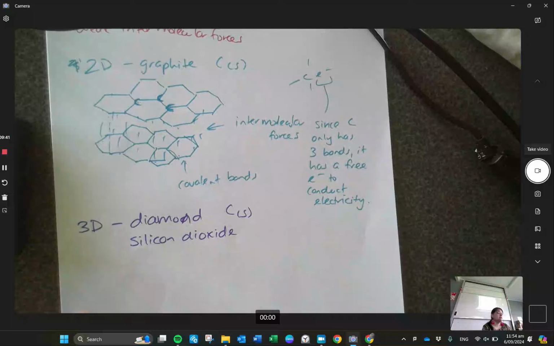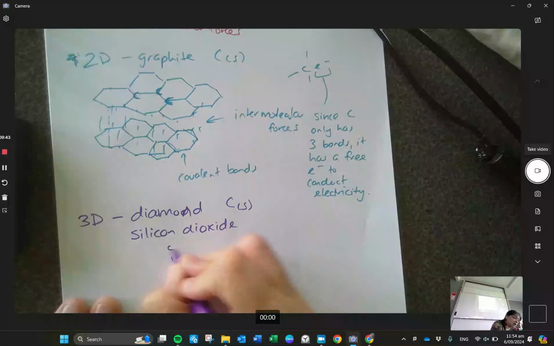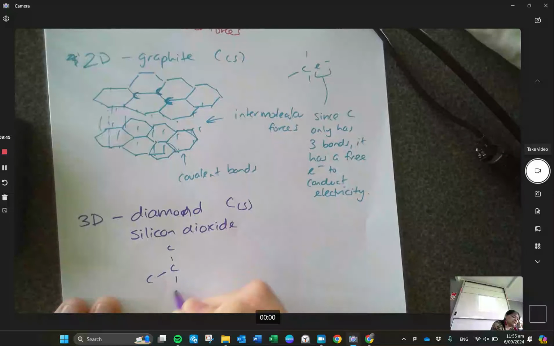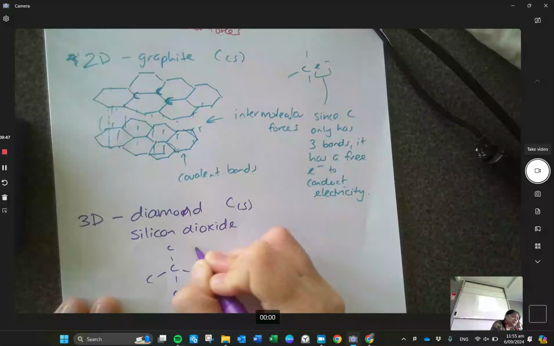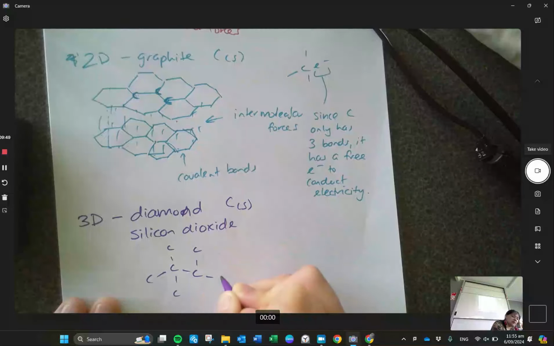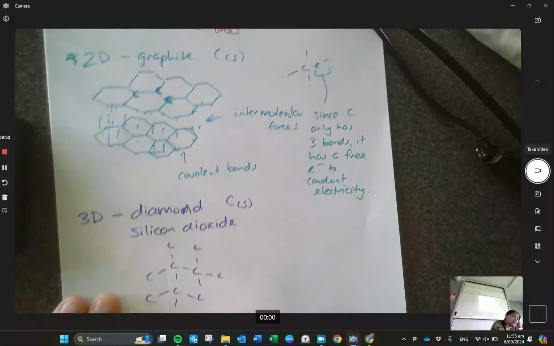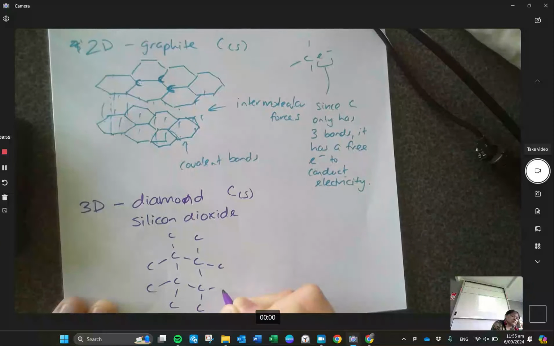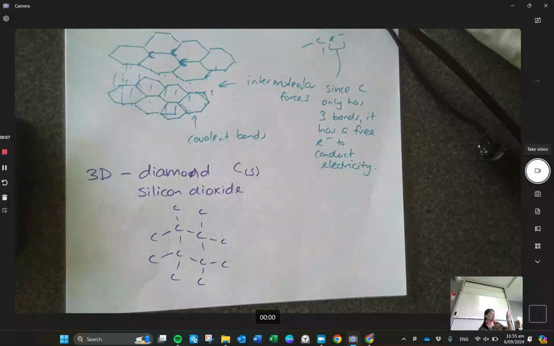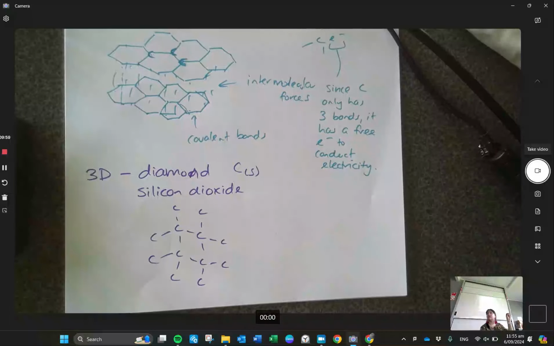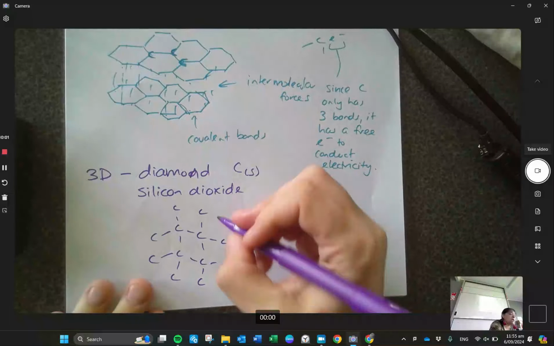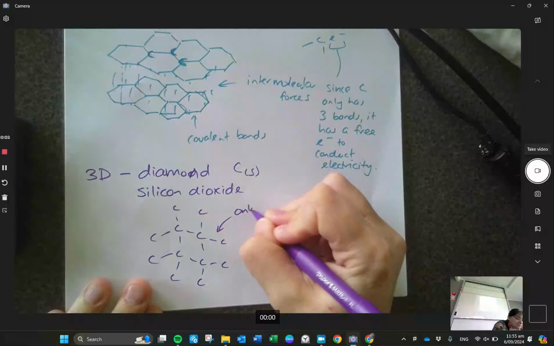So for example, if I was dealing with diamond and I had all my carbons, it's going to be in this 3-dimensional shape where every carbon is bonded to another carbon like that. So it's in that 3-dimensional shape and it has 4 bonds. So again, this only has covalent bonds.